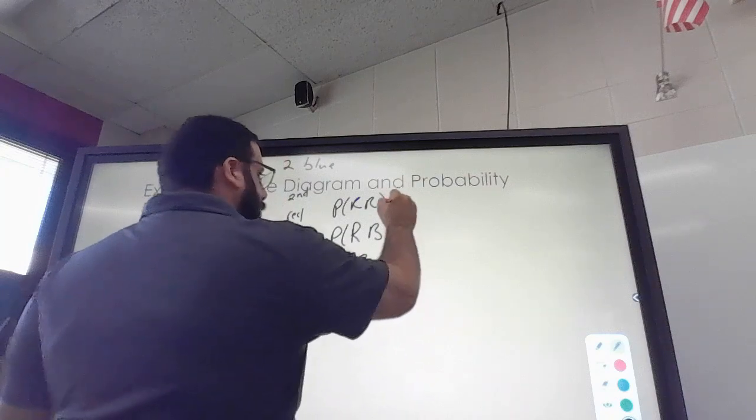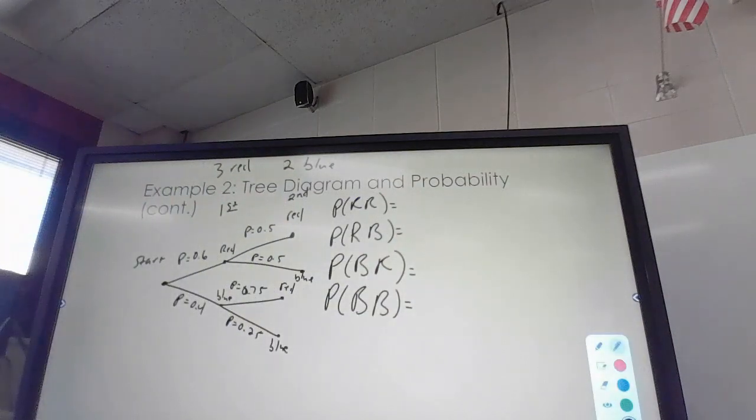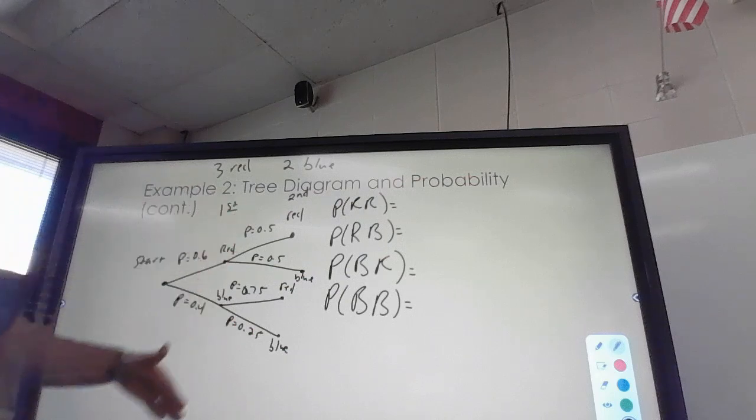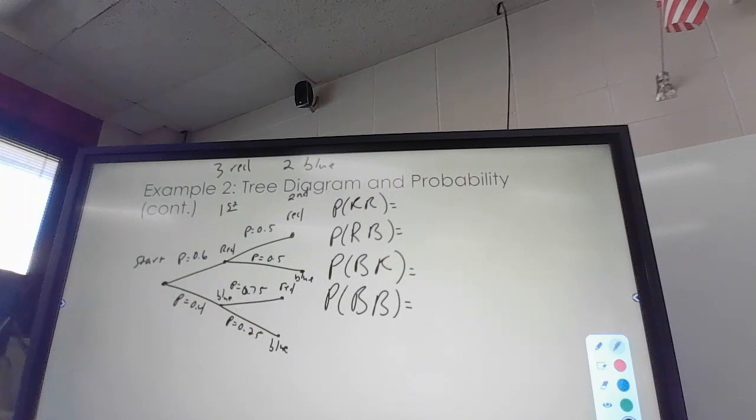This is an AND probability, so the multiplication rule does apply. And the good thing about using a tree diagram is we're already calculating the given probability, whether or not these events are independent.